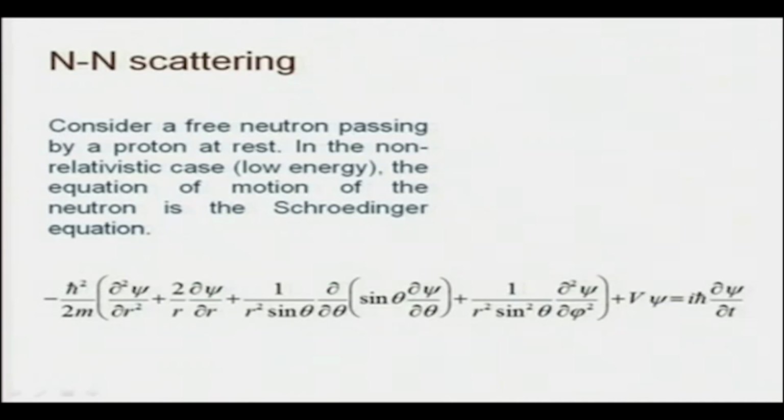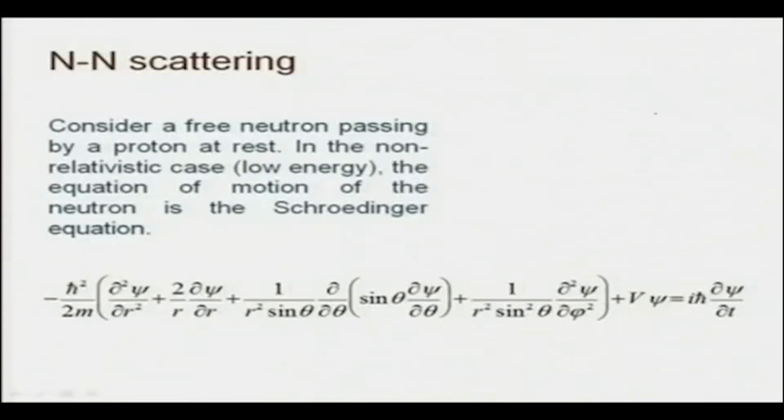And there is a potential V, which is basically the nuclear potential that will cause the interaction to happen. Scattering is basically like you have a proton somewhere and, for example, a neutron comes near that and then scatters off in some direction, the neutron proton for example.